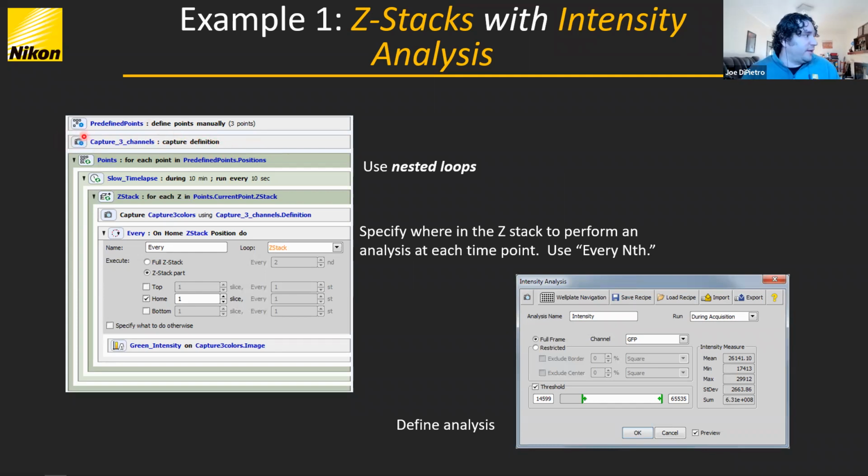So you say, okay, our capture definition is going to be DAPI, GFP, and Texas Red. Then we're going to go to each one of those points. Maybe we'll do a time lapse, and then at every nth time point, we're going to do a Z-stack. So for that Z-stack, we'll capture all 3 of these colors.